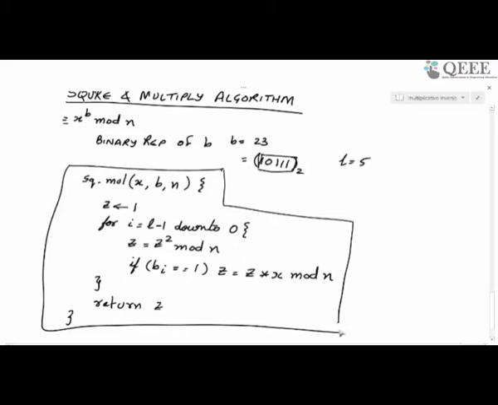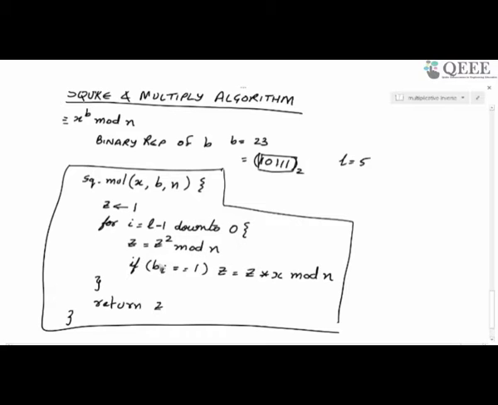is that we are traversing bit by bit the binary equivalent of this particular exponent b, and in every iteration we are taking some variable called z and we are squaring it.